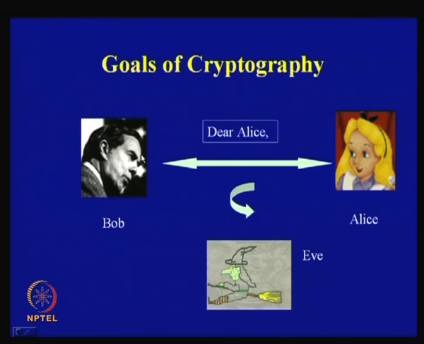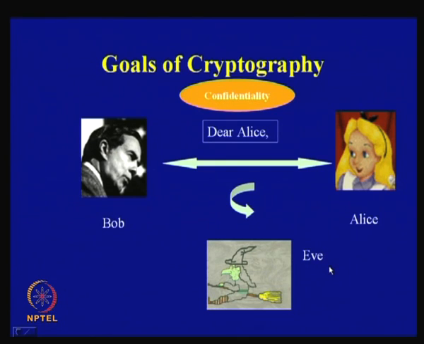They send information like, suppose, "dear Alice", and there is an eavesdropper who is unauthorized to obtain the information. The eavesdropper has access to the communication channel, and therefore in this setting the communication channel is not trusted. It is an untrusted communication channel through which Bob and Alice try to communicate a piece of information.